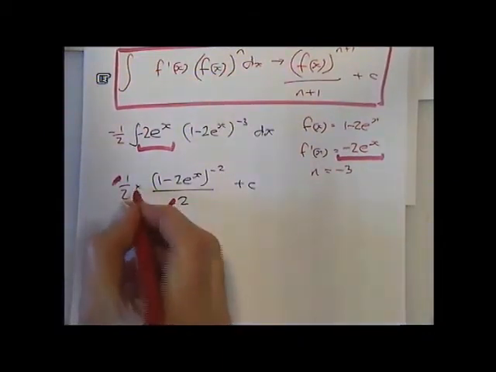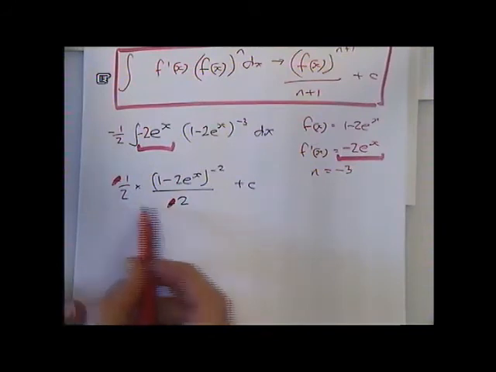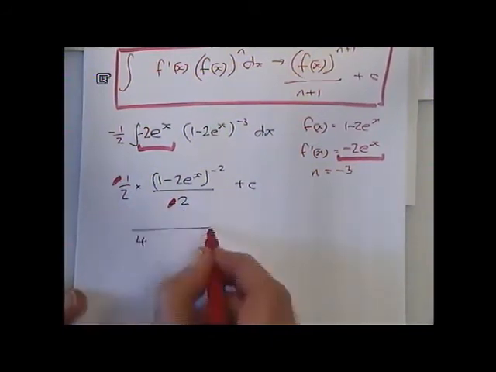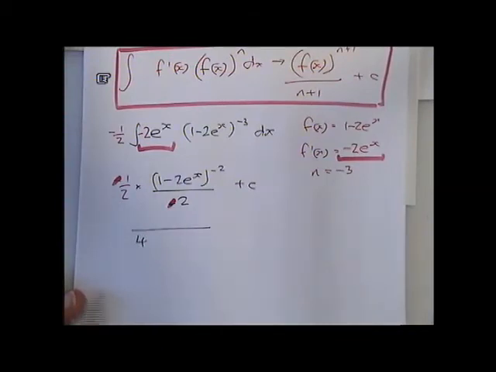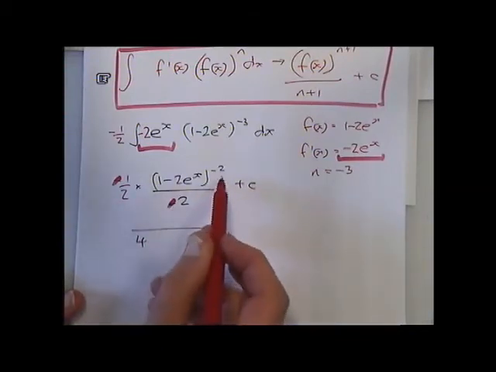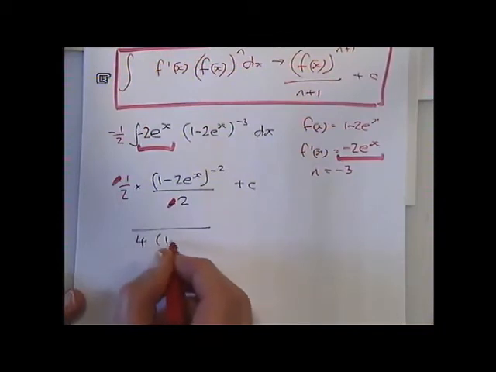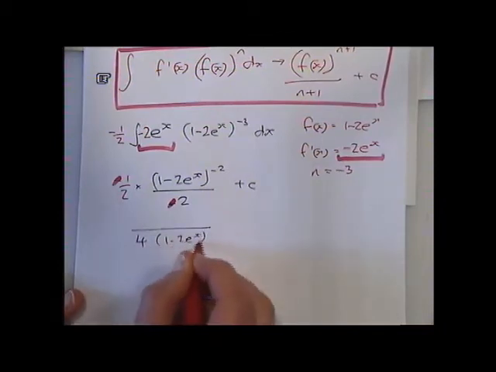Okay, I'm timesing here. I've got a 2 times a 2, that'll give me a 4, and that's on the bottom of the fraction. This bracket has a minus 2 power on it, so I could write it on the bottom without the minus, but put the 2 there.